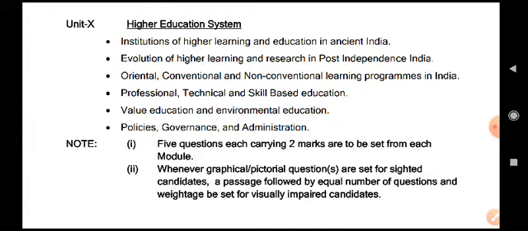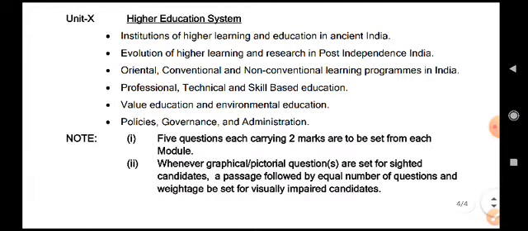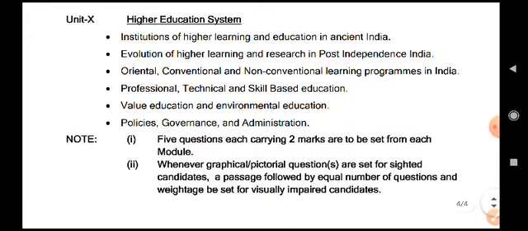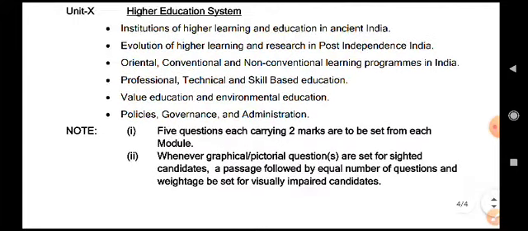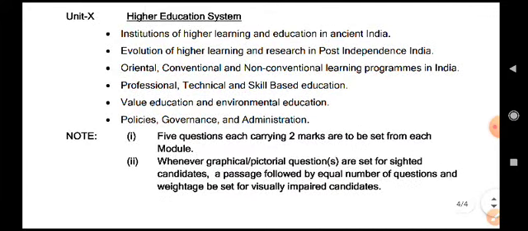From here sometimes questions arise about education in ancient India, which were the various universities that were set up in ancient India, during British rule or even before that. Then the professional, technical and skill-based education, value education and environmental education, policies, governance and administration. From policies, governance and administration, what we see is that from the past 1-2 years questions are not arising from this part, but we can never say, it may even come.